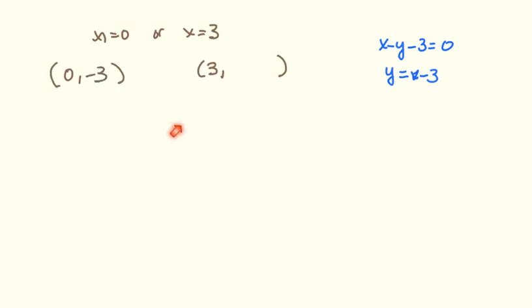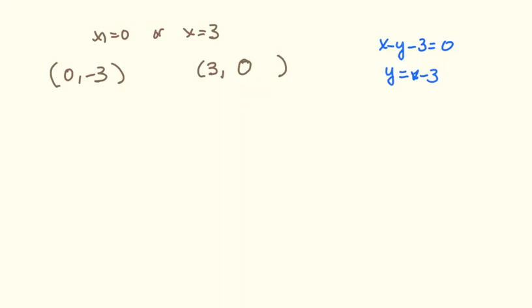And if I take x is equal to 3 and put it in here, I would get y is equal to 3 minus 3, which is 0. So I know that that point will be 3, 0. So the 2 points of intersection are 0, minus 3, and 3, 0. These are the 2 points of intersection.